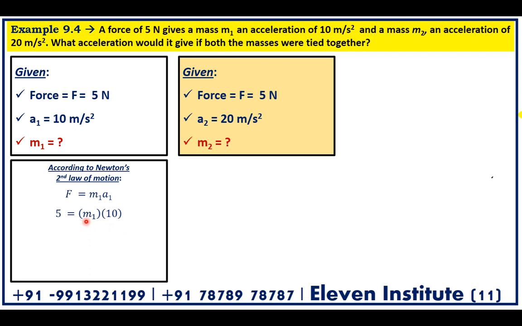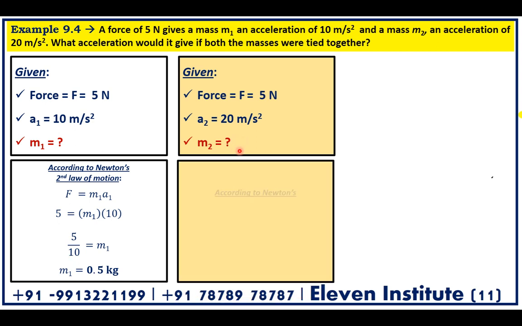In order to find the value of m1, 10 will go to the other side. 5 will cancel over here 2 times, so I will get 1 upon 2, and 1 upon 2 is 0.5 kilograms. Same process I will do for this also. Again F is equal to ma, but here I will write m2 and a2. Input the values, take this 20 to the other side. 5 upon 20 will give us 1 upon 4 and 1 upon 4 is 0.25 kg.